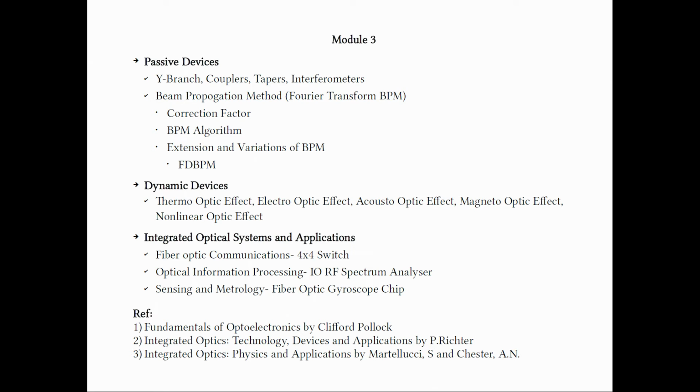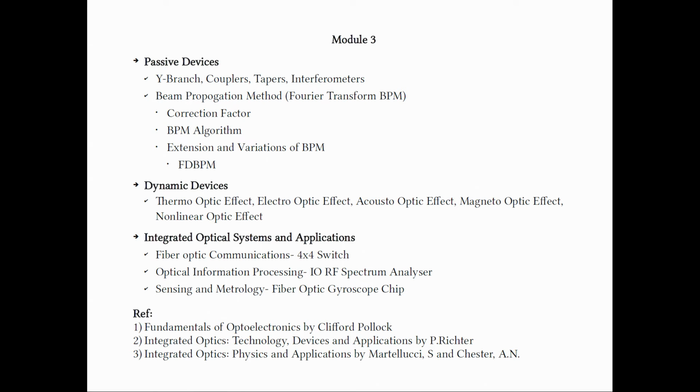So, this leads to what is called the beam propagation method, where we have two major steps. In the first step, you take the Fourier transform of the input beam, which gives the spectrum of various components of the input beam, and then in the second phase we apply a correction factor so that the refractive index variation is incorporated into the field.